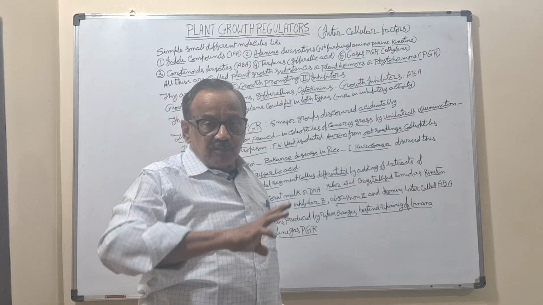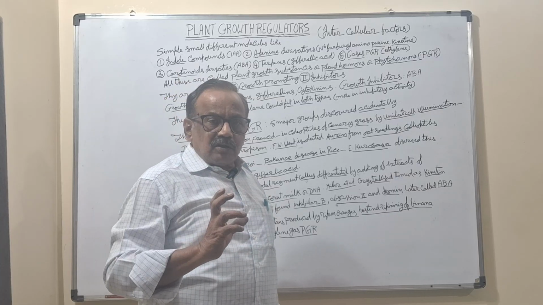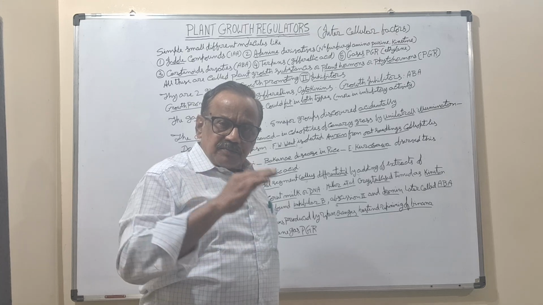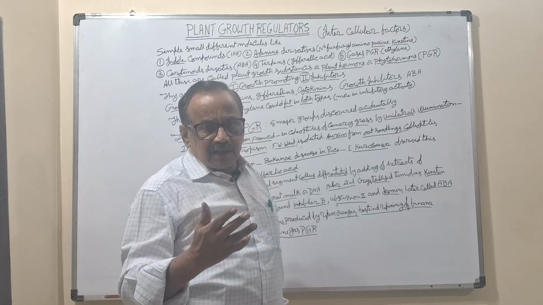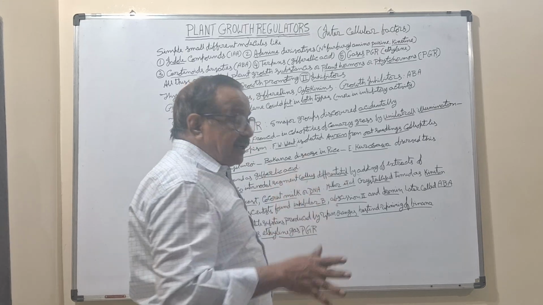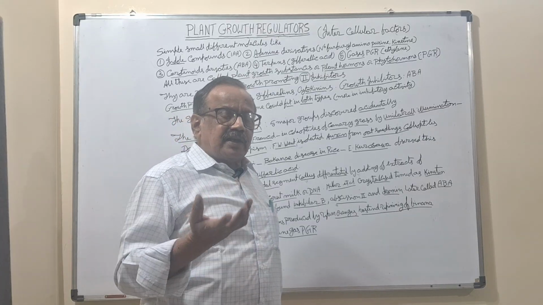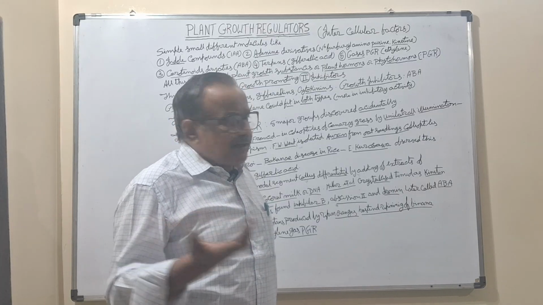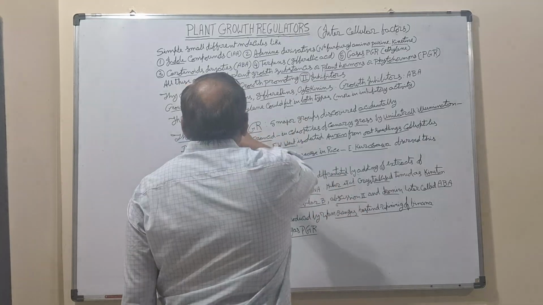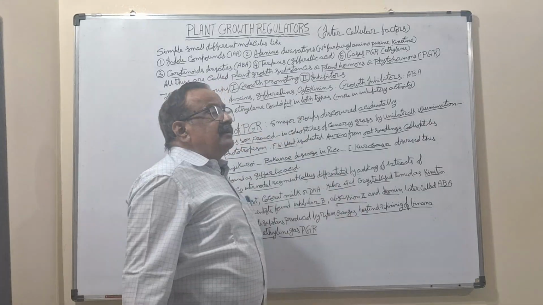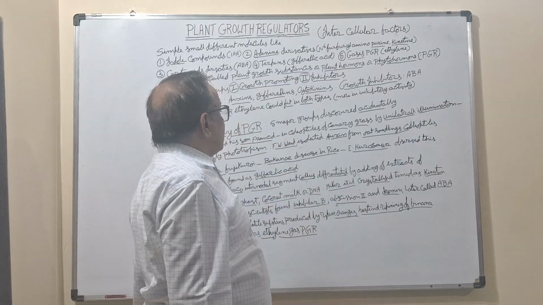You see, so both types, promoting and inhibiting, and it is gaseous. I can ask the question in any way, in any direction. So that is called ethylene, which is the gaseous one.